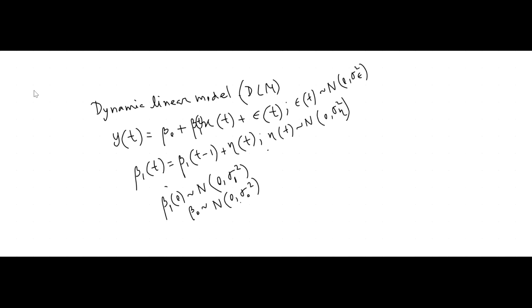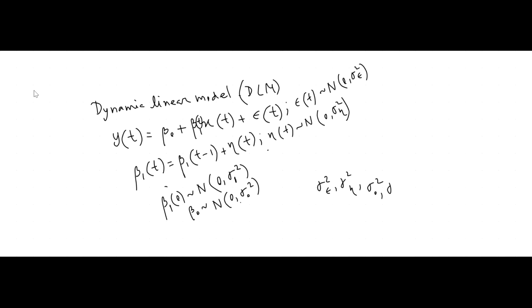We have 4 parameters. One parameter is sigma square epsilon. Then we have another unknown parameter, sigma square eta. Then we have another parameter, sigma naught square. And we have another parameter, sigma 1 square.